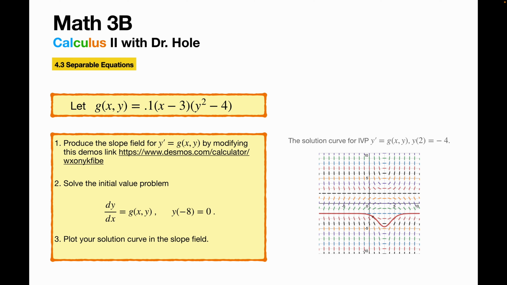Next, that constant of integration c, fix its value by plugging in for x, -8, plugging in for y, 0. That's part 2. Part 3 is to now go back to Desmos and plot the solution curve like I've done here, but this is done for the solution with initial value y of 2 equals -4.